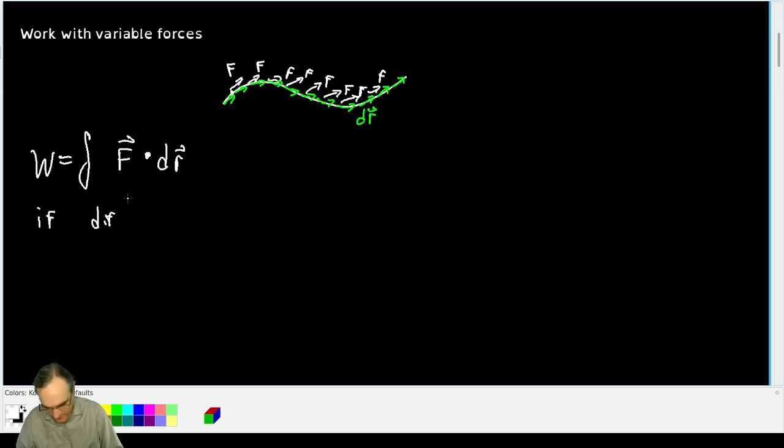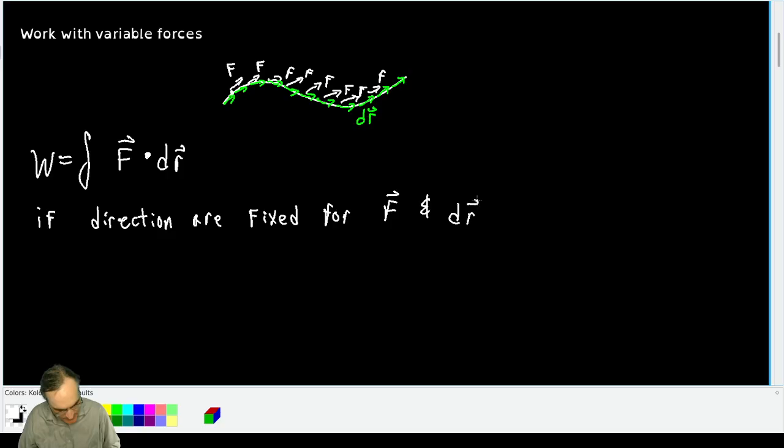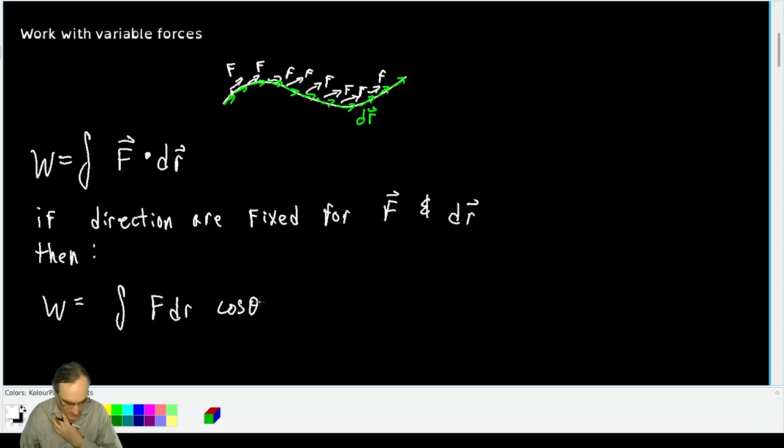So if directions are fixed for F and dr, then you can write the work is equal to the integral of the magnitude of the force times dr with the cosine theta brought outside.